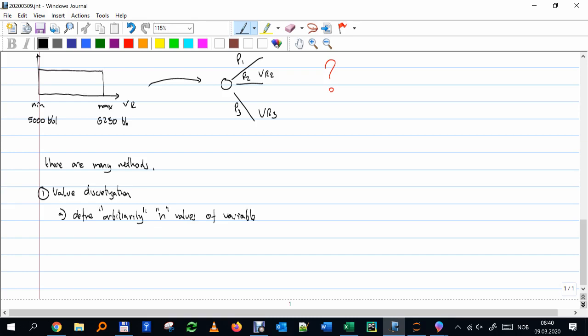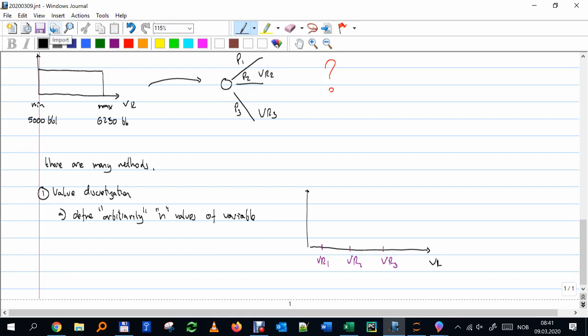So let's say I have my continuous distribution of RV, and then I say simply, well, I want RV1, maybe equally spaced, RV2 and RV3. I define those three values. I define arbitrarily n values of the variable.